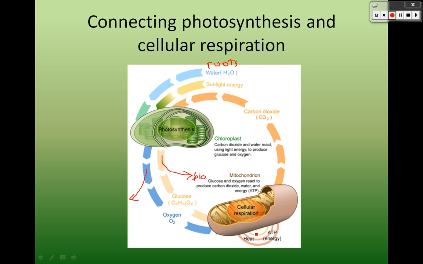And you get your heat, and you get your ATP, which is how you get your energy. ATP to ADP is how you get the energy, right? So exact same process that happens in animal cells is happening in plant cells.